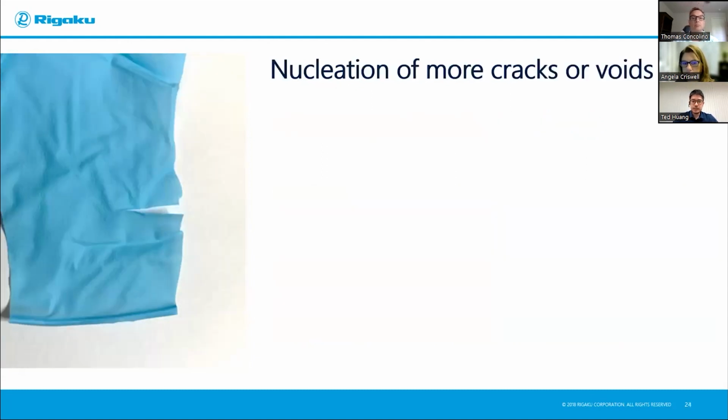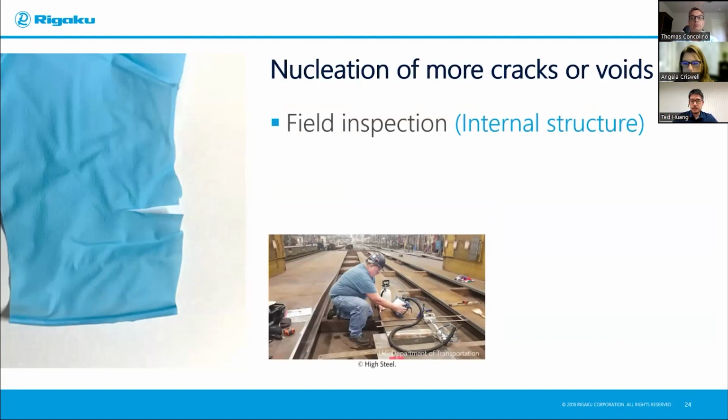The next stage is nucleation or formation of more cracks or voids. This is arguably the most popular stage of failure analysis because it is something that happens inside of your product and can sometimes be formed not by damage, but just via processing. But if it's caused by damage, it is still something that field inspection will be looking into. In this case, it's more internal.